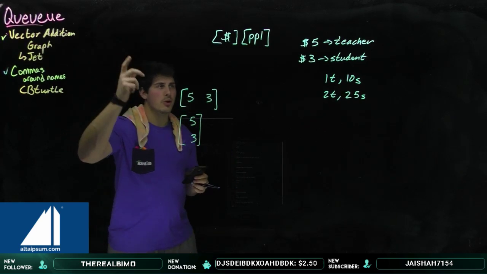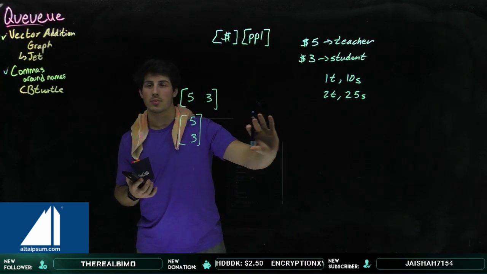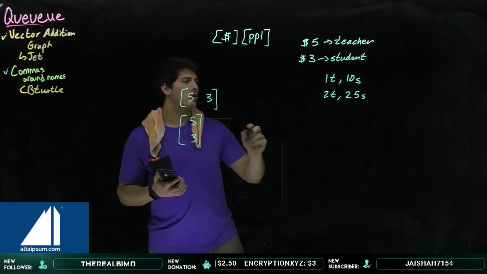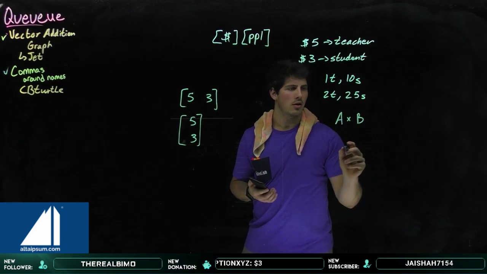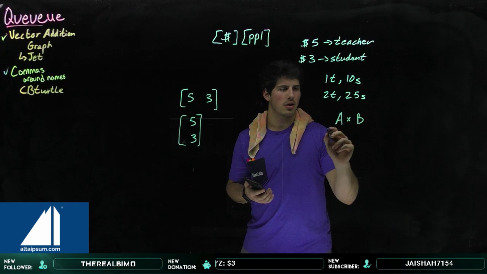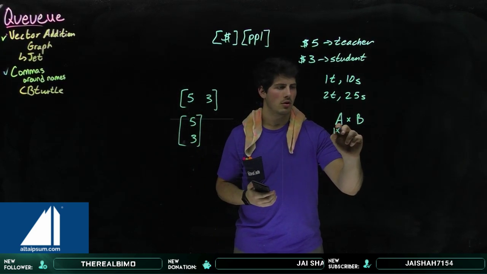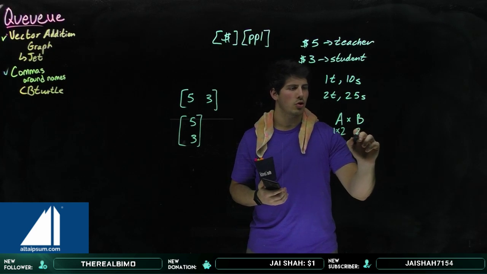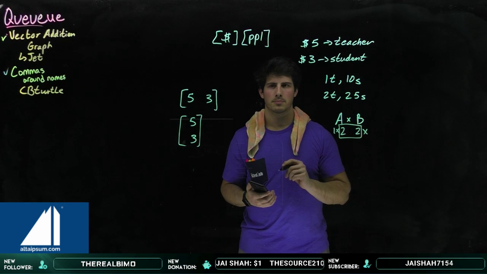The rule to multiplying matrices, right, is that this is going to be multiplied by something over here or over here. If I'm going to multiply A times B, and this is a 1 by 2, then B has to be a 2 by something. These values have to be the same.